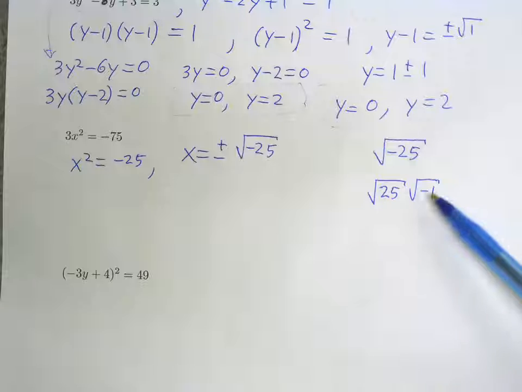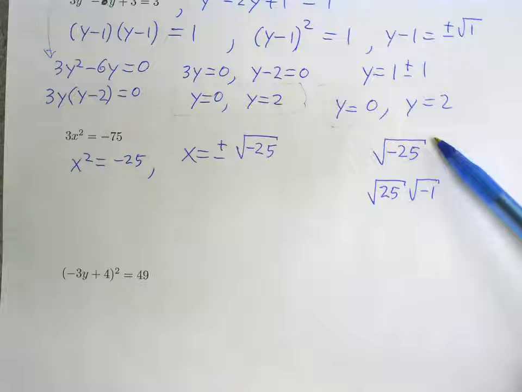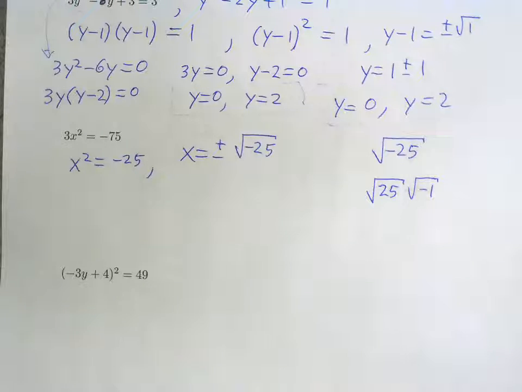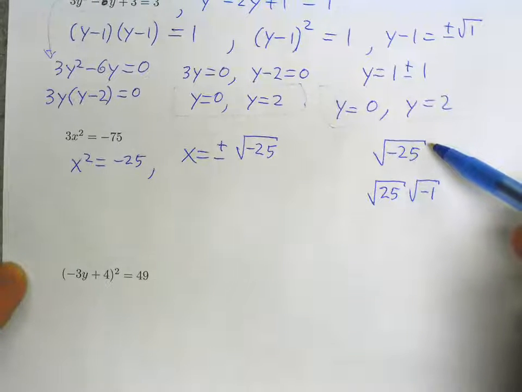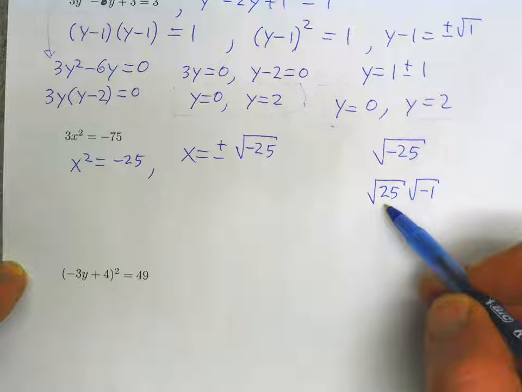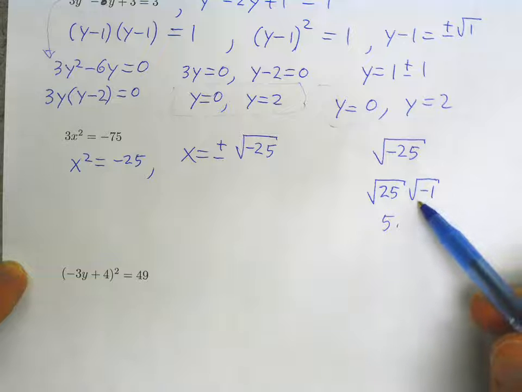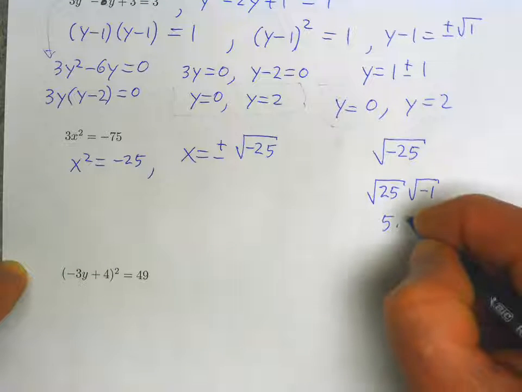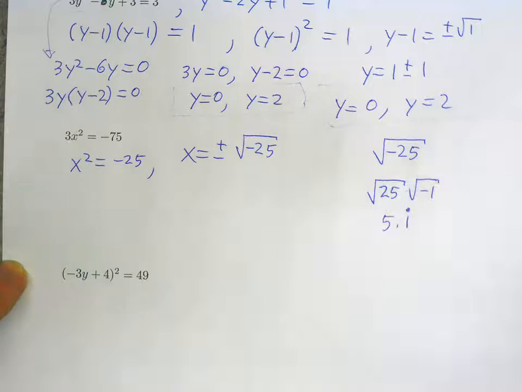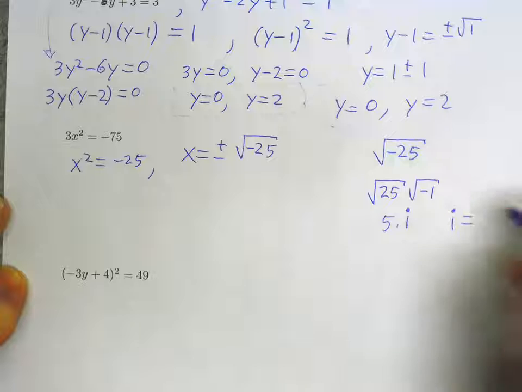Since 25 times negative 1 is negative 25, each one is equivalent to the other. But simplifying the square root of negative 25 comes down to simplifying the square root of 25 times the square root of negative 1. We can simplify the square root of 25 to 5, and we replace the square root of negative 1 with the lowercase letter i. That's just the definition that we're using for the square root of negative 1.